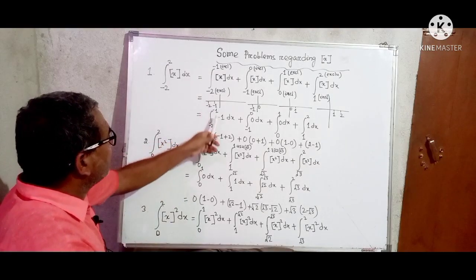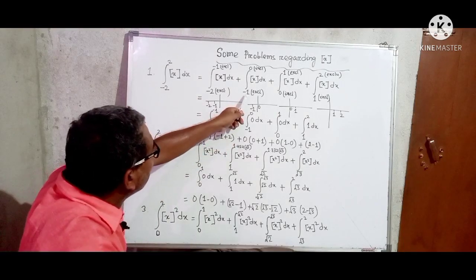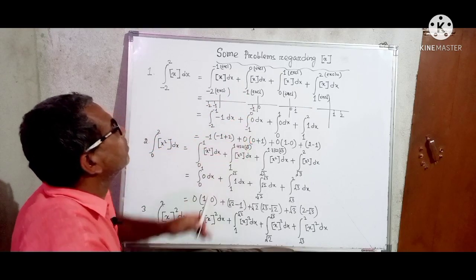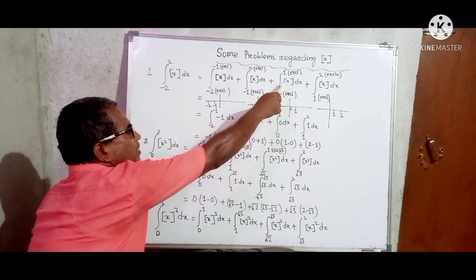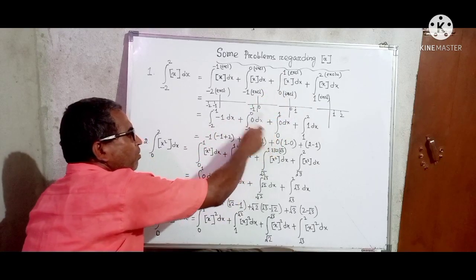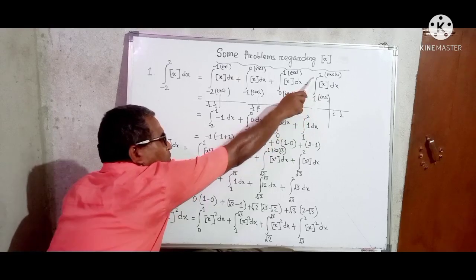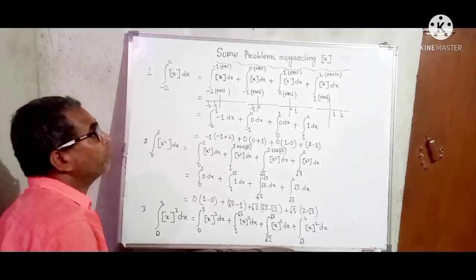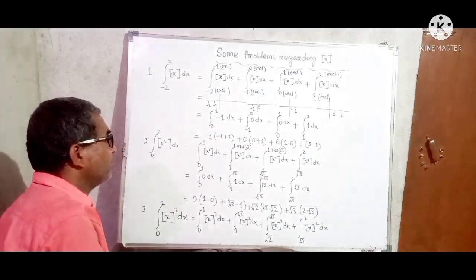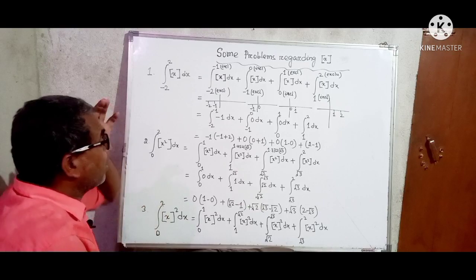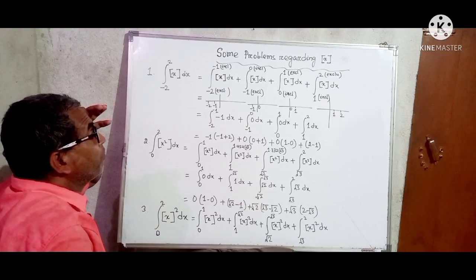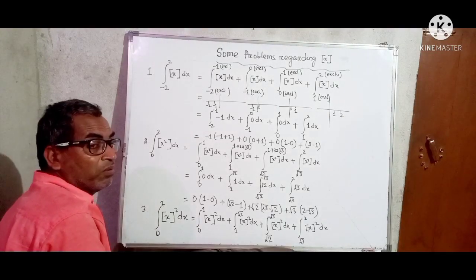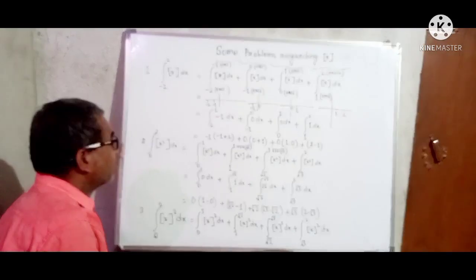Here from minus 1 to 0, the value will be minus 1, then from 0 to 1, the value will be 0. Then from 1 to 2, the value will be 1. I have discussed the values of the greatest integer function in the previous class, so here I am not repeating the process of finding the values. You should follow my previous classes.